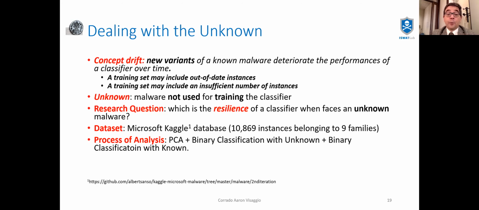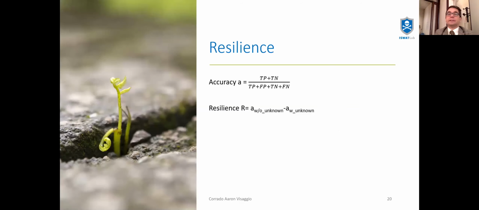So we wanted to measure the resilience of a classifier when it faces an unknown malware. We measure the resilience in terms of decay of accuracy when the same detector works with known malware, so variants of known families, and when detectors work with variants of unknown families.